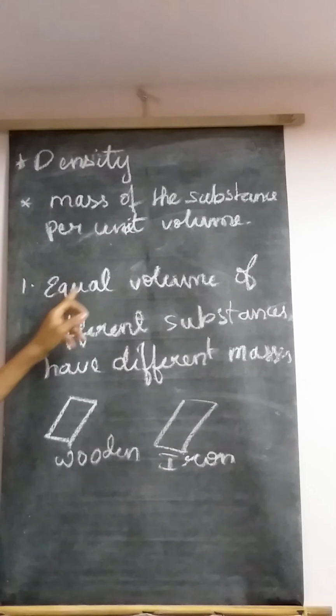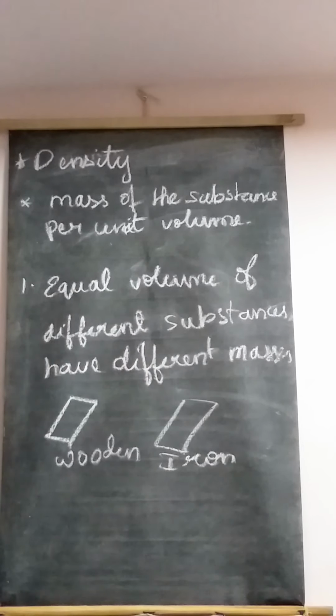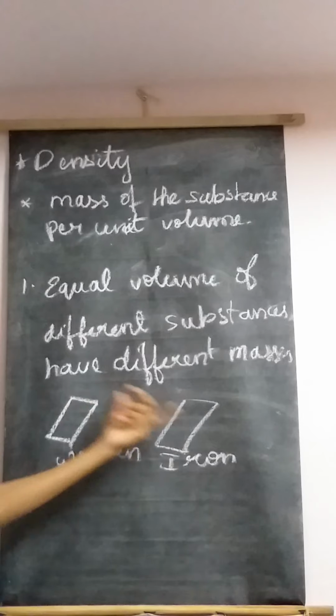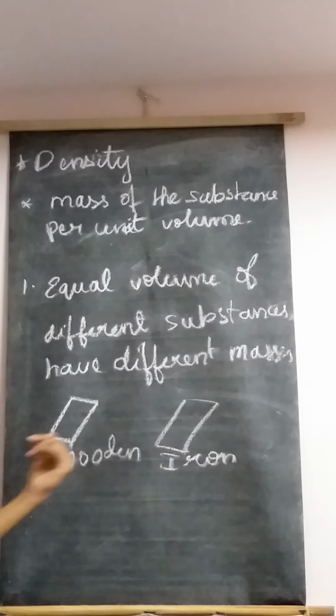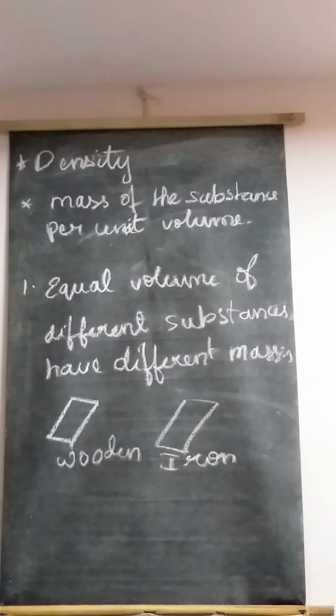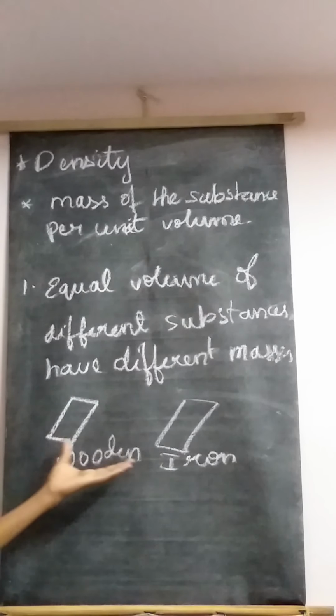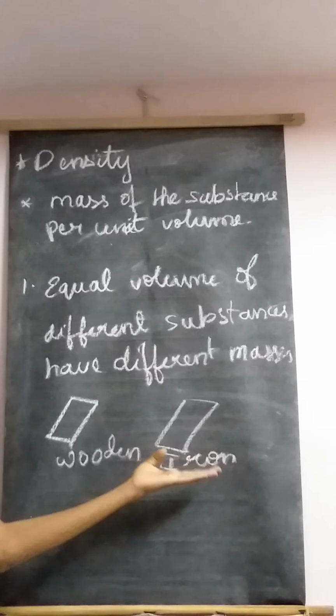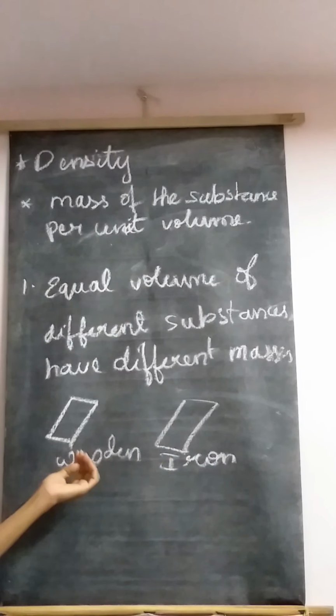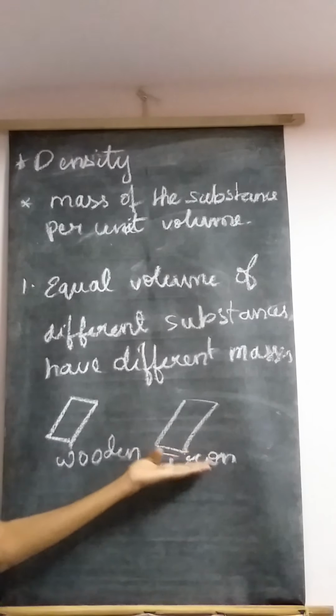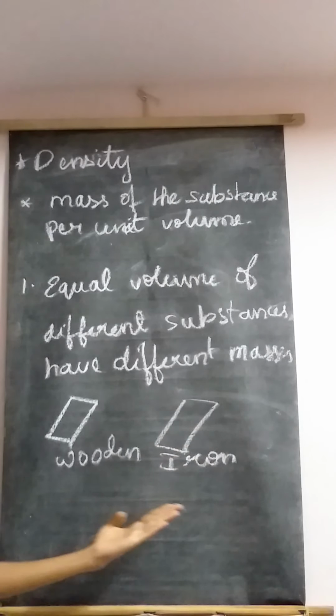Equal volume in the sense that when you see it, the volume is equal, but when you weigh it and compare these two, iron is denser than wood. It is very heavy compared to wood.